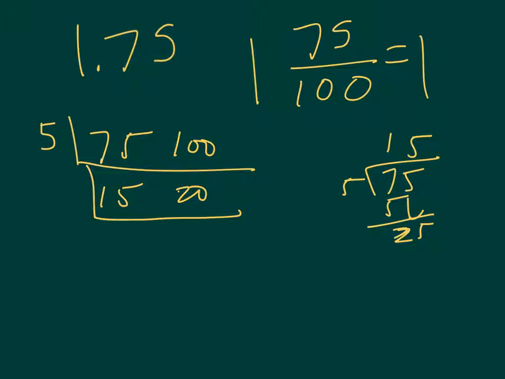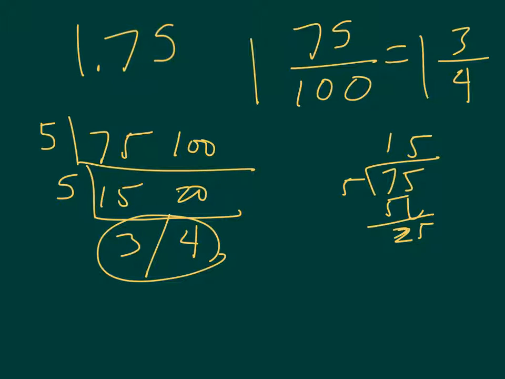Still got a 5 in common. So 15 divided by 5 is 3, and 20 divided by 5 is 4. 3/4. Look at that. So 1.75 is really 1 and 3/4 in disguise.